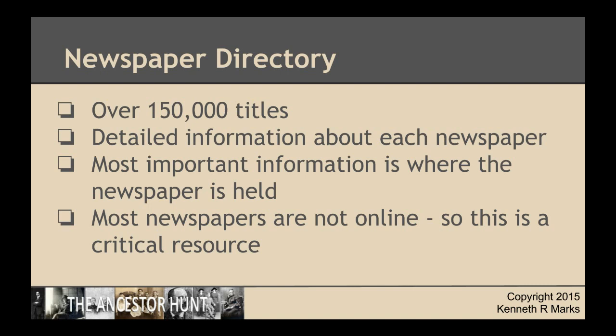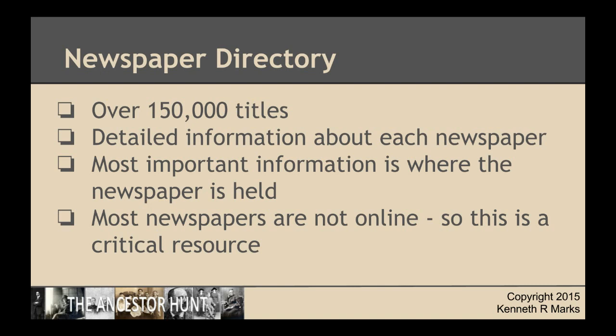The most important information that you can get out of the newspaper directory, and this is critical, is where are the images and the newspapers and the microfilm held, which libraries, which archives. If you are interested in a specific newspaper or a specific area of the country and the images are not online, what do you do?